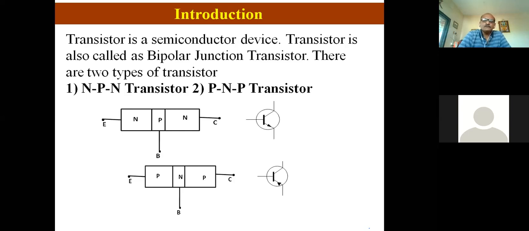Now, how does a transistor look physically? The collector region is large, the emitter region is small, and the base region is very, very thin. After that, we can see the electrical property. In the electrical property, the emitter region is heavily doped.